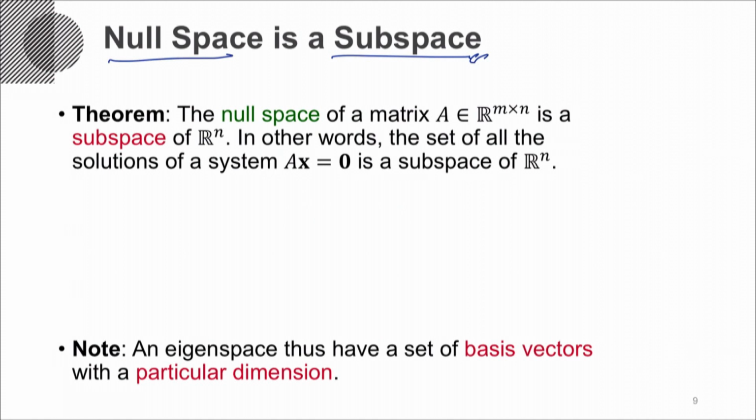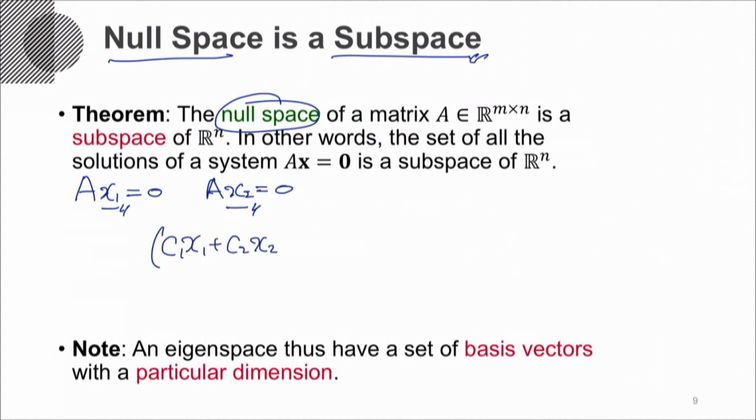We can prove that easily. Suppose we selected two vectors from our null space, so by definition they satisfy these two conditions: the first selected vector is x1 and the second one is x2. Then let's think about the linear combination.